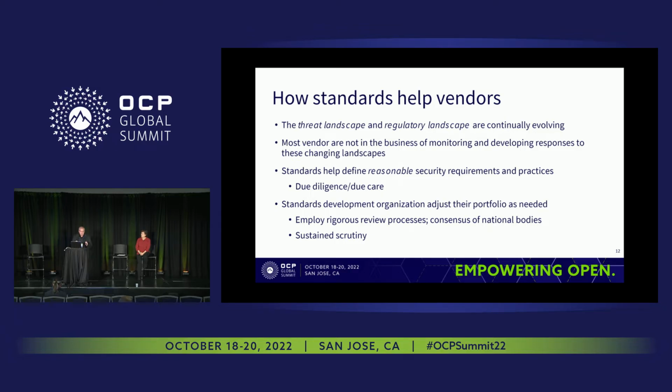So from an OCP security project perspective, we believe we need to go one step beyond that. And we're on the cusp of releasing a document. I'll go into a little more detail.